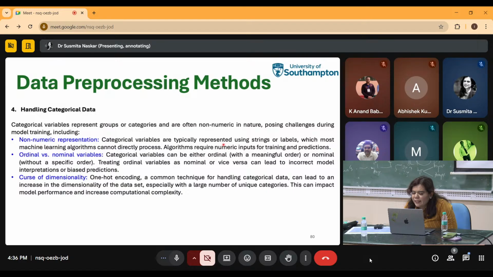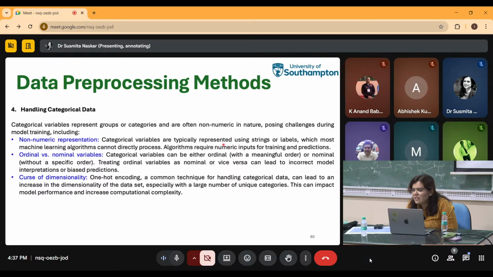Another challenge is ordinal and nominal variables. A categorical variable can be ordinal, meaning it has a meaningful order like low, medium, high, or nominal, meaning there is no inherent order, like red, blue, green. It is very important not to introduce some kind of bias in your model prediction. That's another important issue when approaching categorical data.